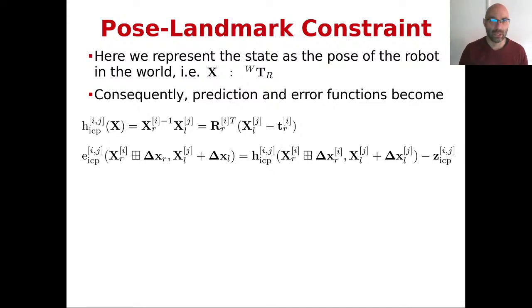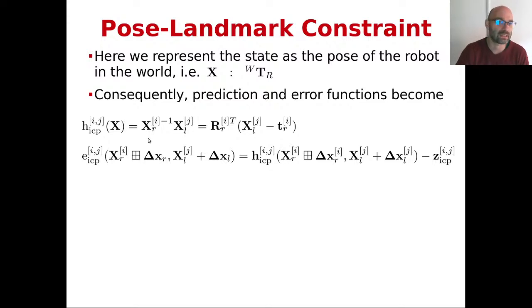Now, let me go back to the explanation of the pose landmark measurement. We have to calculate the prediction. The prediction of a pose landmark with this sensor will be just the position of the landmark expressed in the reference frame of the robot. And so what we could do straightforwardly is to take the position of the robot, invert it, and multiply it by the position of the landmark.